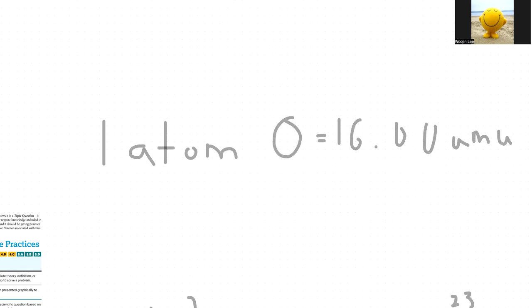Then you go to your periodic table and look up where oxygen is, and you'll see that it's 16.00 AMU. Though if the problem asked you to give the mass of 1 mole of oxygen, then that would be 16 grams. Just wanted to clarify that.